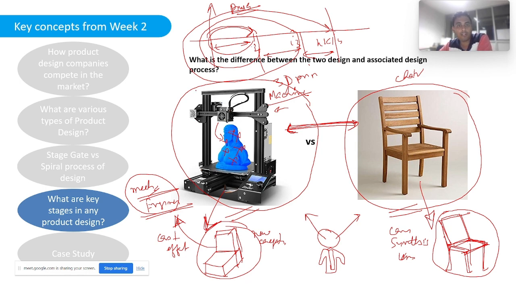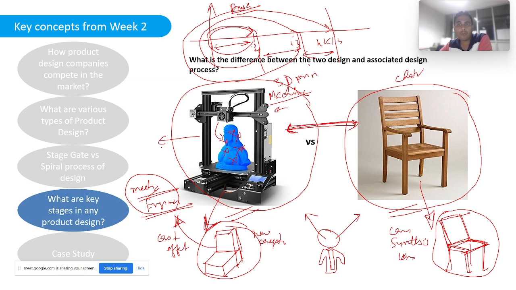So the stage gate approach is not always for physical products. Sometimes spiral design approaches are also used for physical products. It depends on what level of efficacy you require from the product.